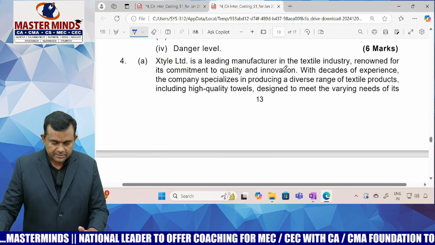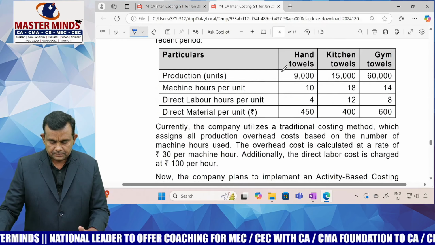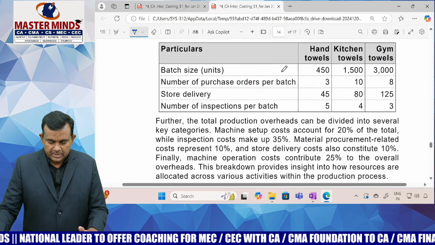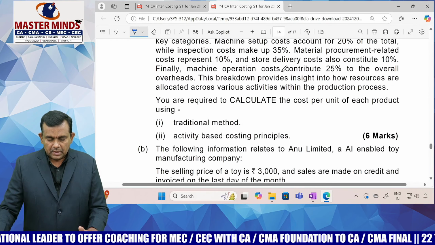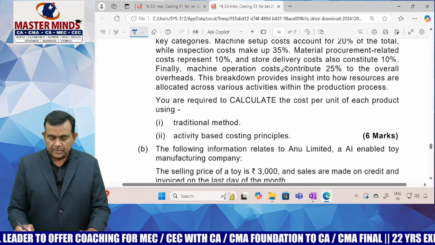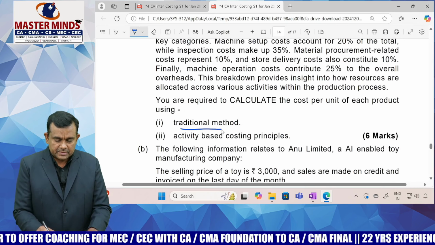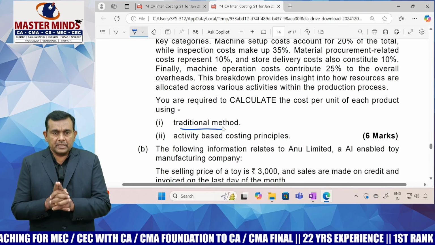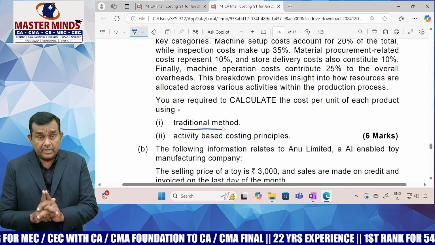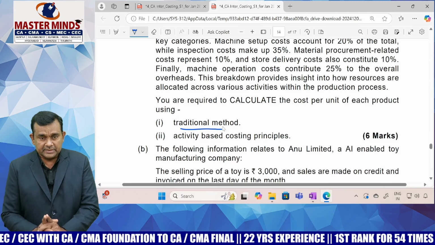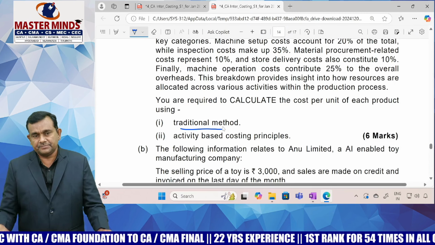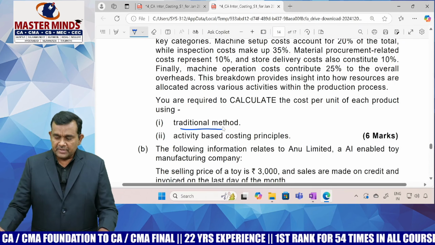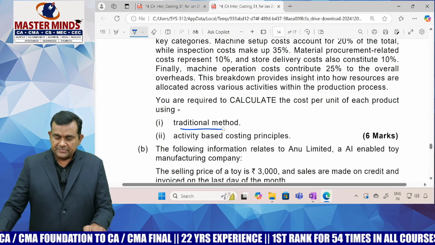Next, fourth question, sir, 4A. This is ABC. You are required to calculate the cost per unit for each product under the traditional method. Under the traditional method, we assume that all factory overheads vary with a single driver. So a single overhead rate is used to charge the overheads to the product.